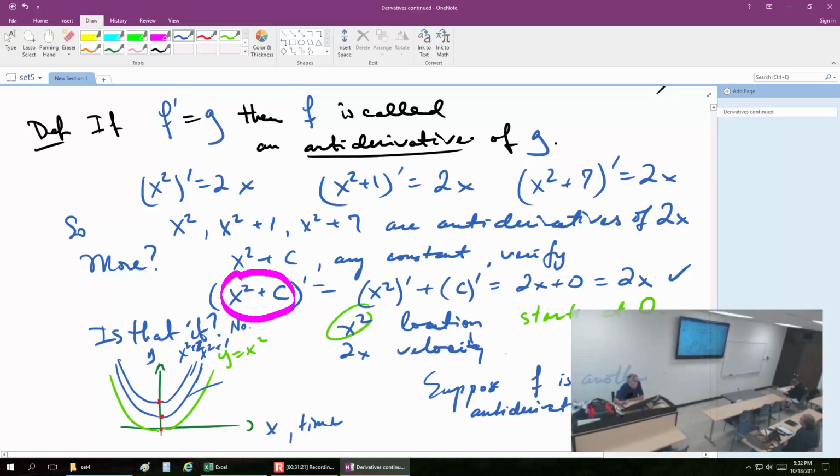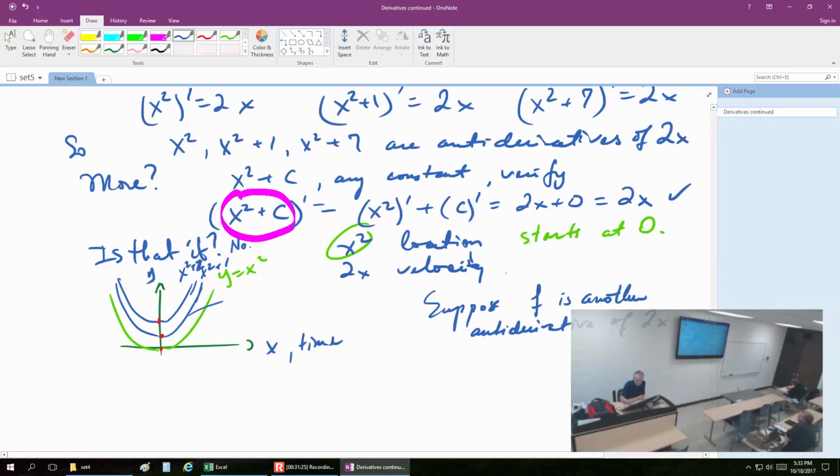Not just another, but any antiderivative of 2x. It means that f prime of x is equal to 2x. But also x squared prime is equal to 2x. What I can do here is subtract. So f prime of x minus x squared prime is equal to 0.